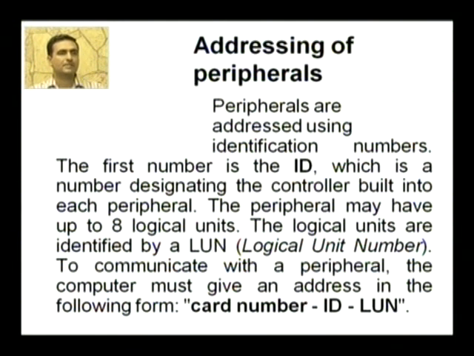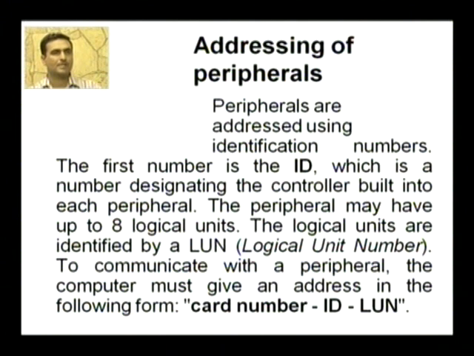So to address a peripheral, the computer must give an address in the following form: card number, ID and LUN. Now what is the card number? A computer may have more than one SCSI controller. The first one is the number of that card or SCSI controller.